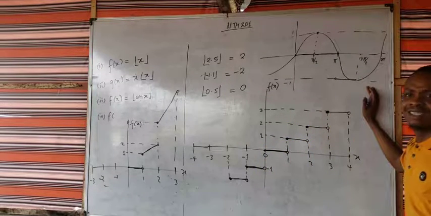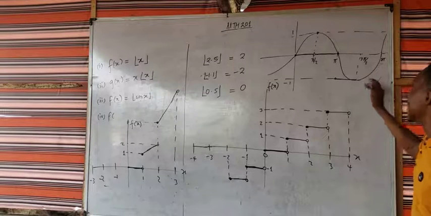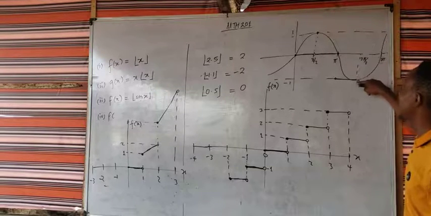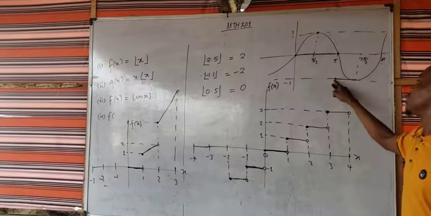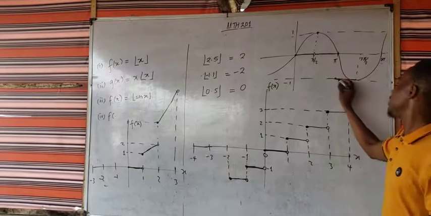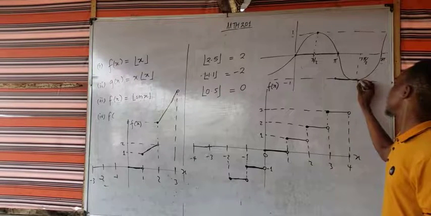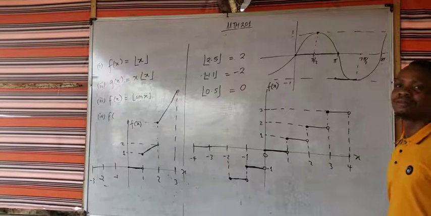Do you understand that? You are flooring it between 0 and minus 1. If you take the floor function for any value between 0 and minus 1, it's going to give you minus 1. That's why this will go like this. Do you get that?